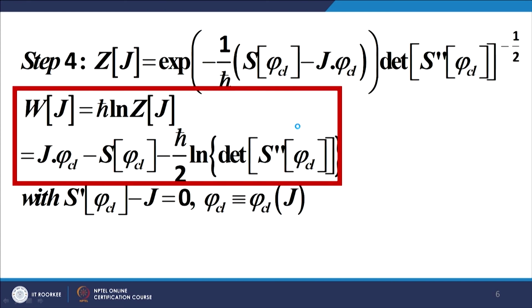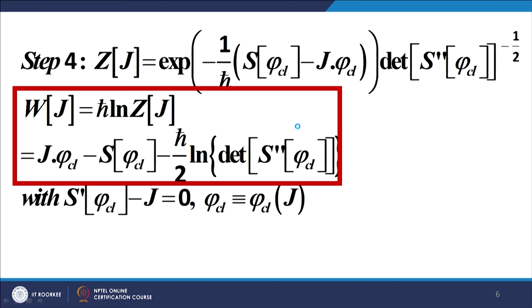Now, we come to step 4. We start with the expression which we obtained at the end of step 3, which is given in the top equation. Now, W j is the logarithm of z j with a prefactor of h bar. That being the case, we simply write out the expression for W j.